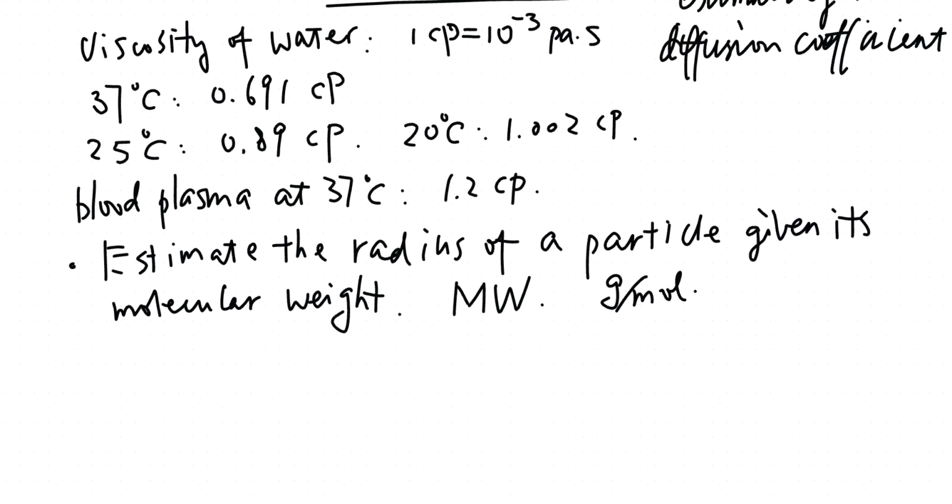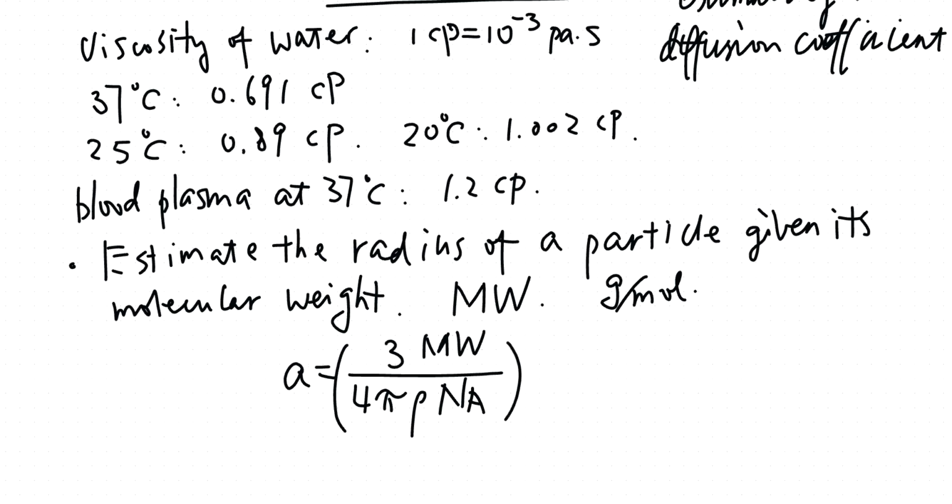So the conversion between radius and the molecular weight is: radius equals 3 times molecular weight divided by 4 pi rho NA, all to the power of 1/3. Pi is 3.14. NA is Avogadro's number. And this rho is the density of the particle.